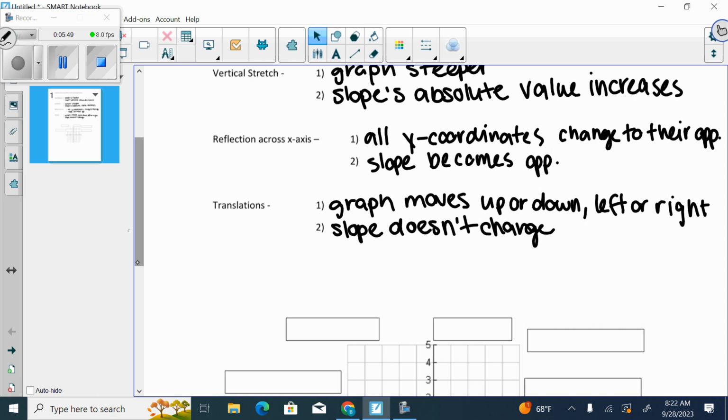Now, typically with a linear function, we're going to see things move up and down, right? Because the y-intercept in our equation determines where it starts on the y-axis, which is what moves it up and down. With our linear functions, we don't see near as much left to right movement. So we're going to add one more on here about how the y-intercept increases.